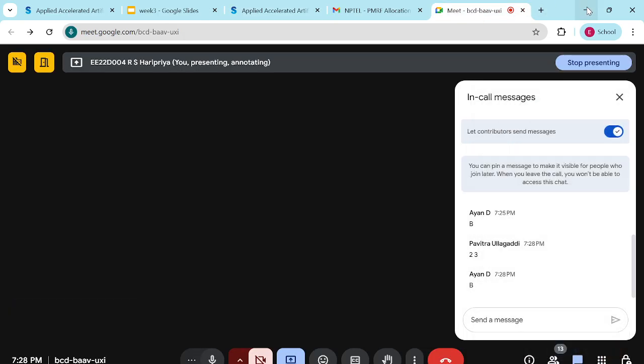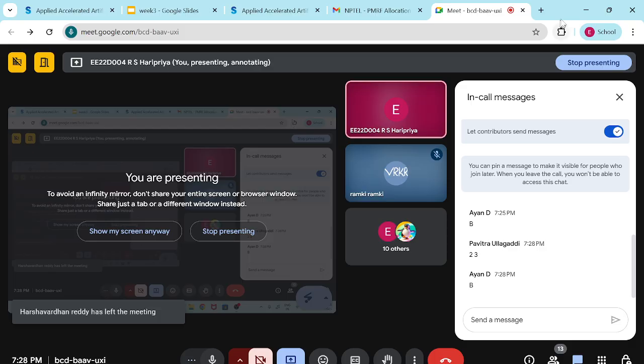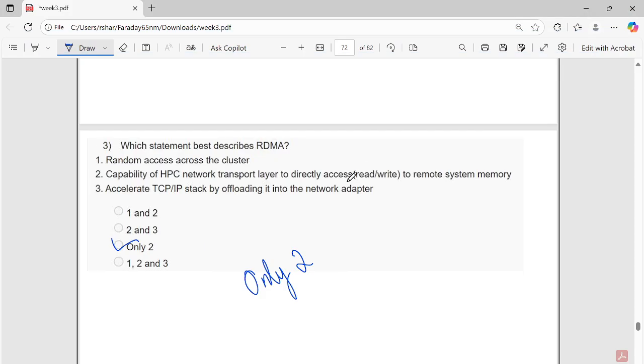Because remote direct memory access is the capability of the HPC network transport layer to directly access, read or write remote signals from the memory.